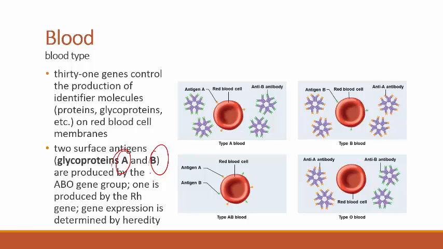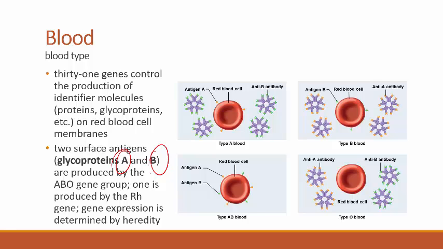We have three alleles, or three versions, of that gene: the A version, the B version, and a non-functional O version. Then there's a second gene called the Rh gene.